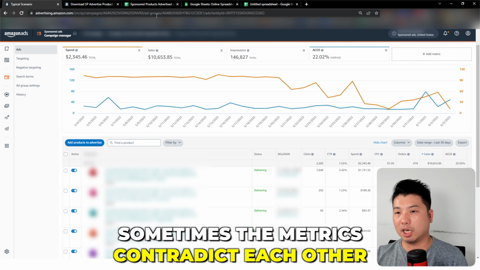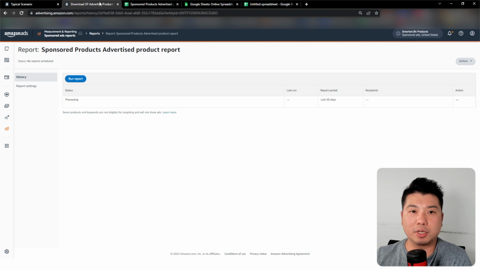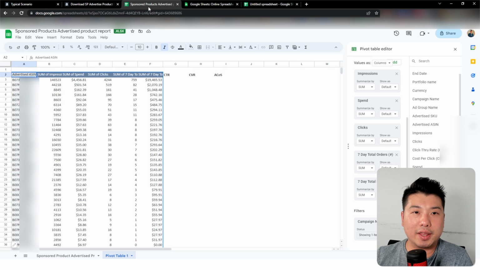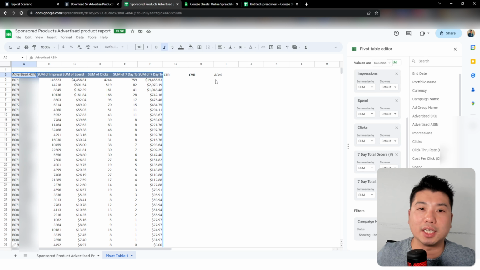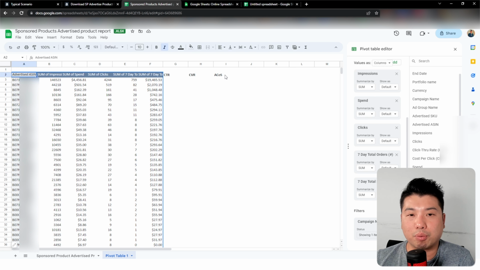Sometimes the metrics contradict each other, but you need to prioritize by two key metrics. And that is the CTR and also conversion rate, not the ACoS, because ACoS is also affected by price, right? With price, it's all interrelated, right? But you need to look at the metrics on a more holistic level and not just look at one single particular metric. So that's why I'm choosing three.